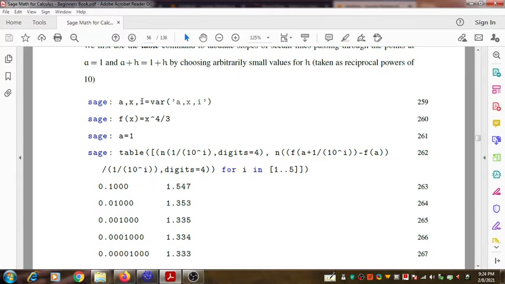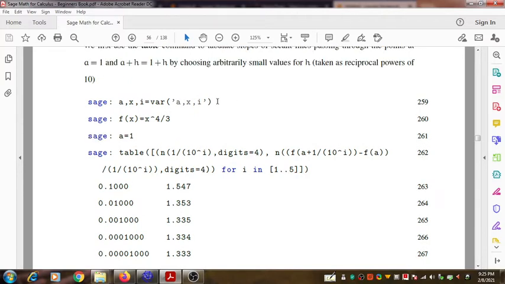Now, first we want to define the variables. This is the first step in SageMath. We are going to define 3 variables: a, x, and i. We write the command var, then in brackets we put single quotation marks, and inside must contain a, x, and i in the same order, separated by commas.